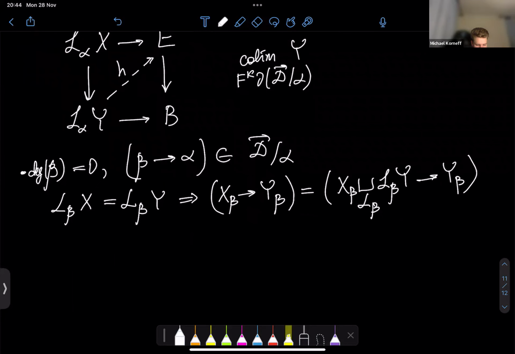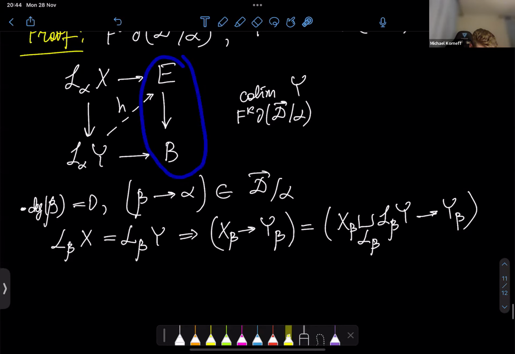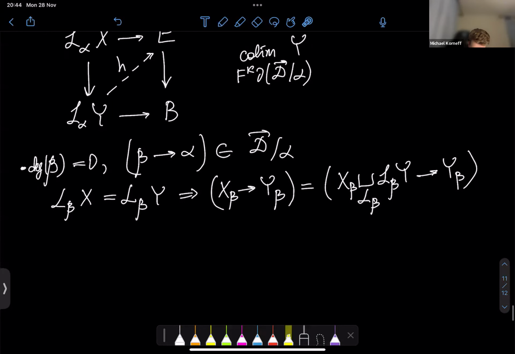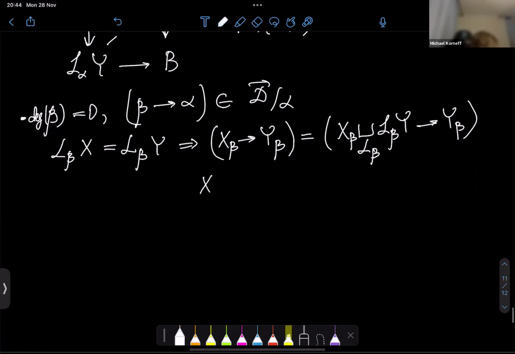But we know that this arrow has a left lifting property versus the map from E to B, and hence we have lifting in this diagram.